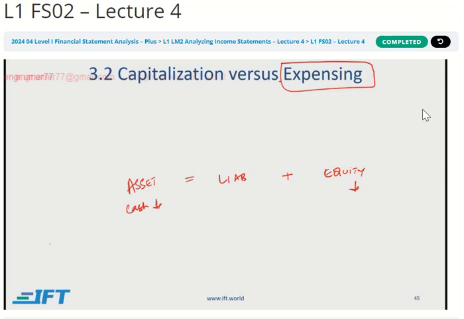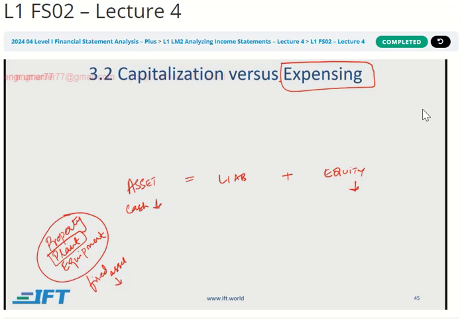Let's say I'm paying to buy property for another factory that I want to set up, or I'm buying some plant for that factory, and when I say plant I mean the machinery, or I'm buying some equipment, right, for my new factory. So all of these fixed assets which will give me economic benefit.